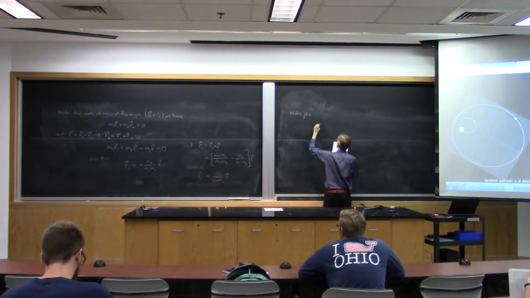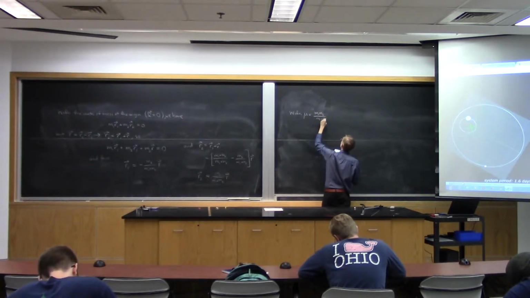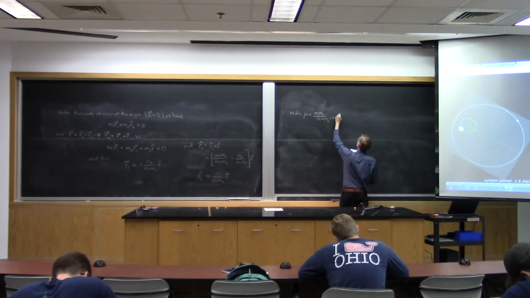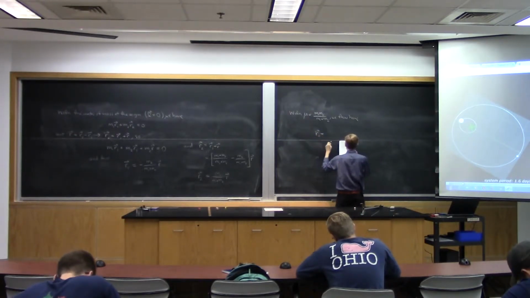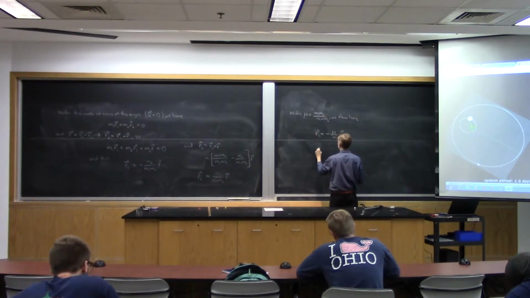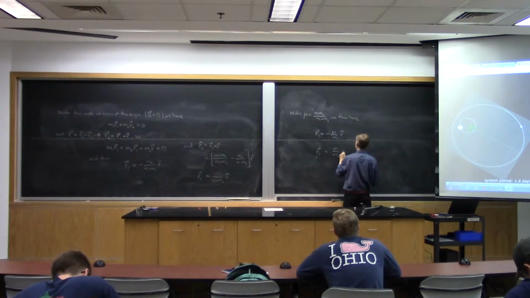With mu being M1 M2 over M1 plus M2, that was our definition of mu, we thus have that we can write R1 is equal to minus mu over M1 times R, and R2 is equal to mu over M2 times R. And that's what I'm going to draw the box around.